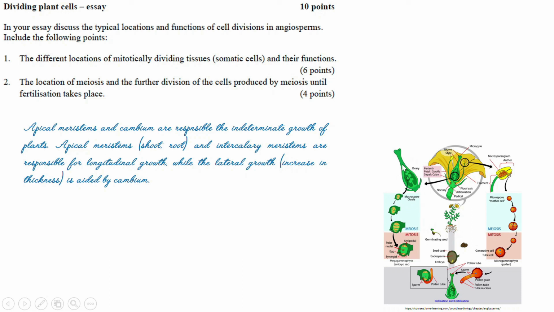Ovule formation is taking place in the ovary, where one diploid macrospore mother cell divides by meiosis. As a result of this cell division, 4 haploid cells are produced. Out of these cells, one turns into the megaspore, and the rest will degenerate and die.